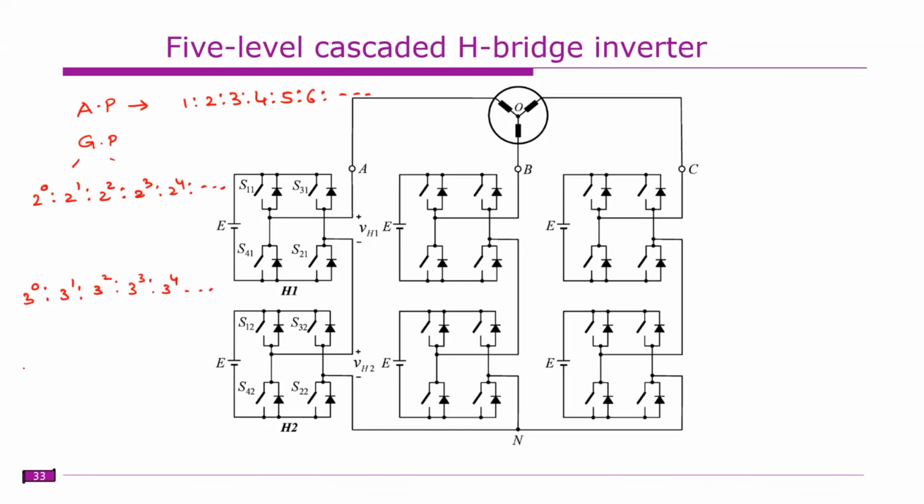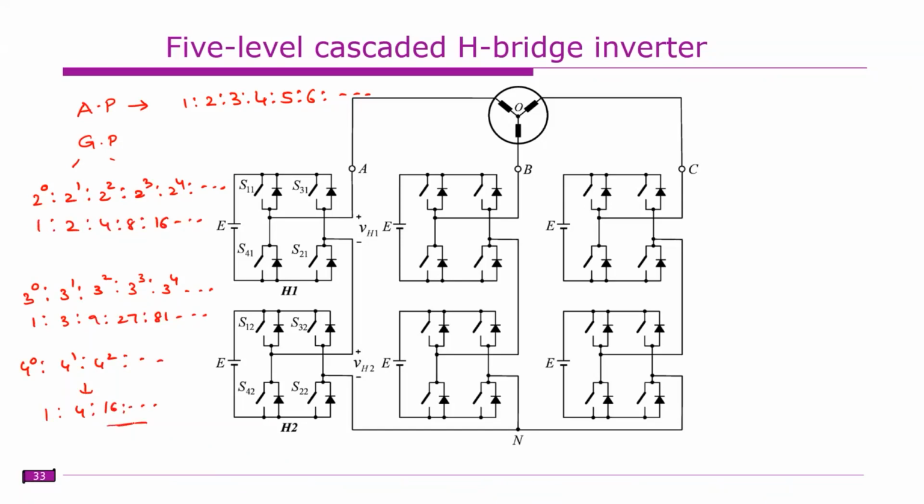So we have another one: 4 to the power of 0, 4 to the power of 1, 4 to the power of 2 and so on. So this is 1:2:4:8:16 and so on, right? And this one is 1:3:9:27:81 and so on. So what is this? 1:4:16 and so on.